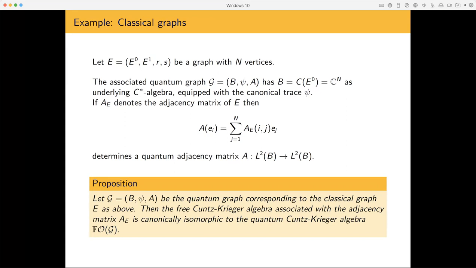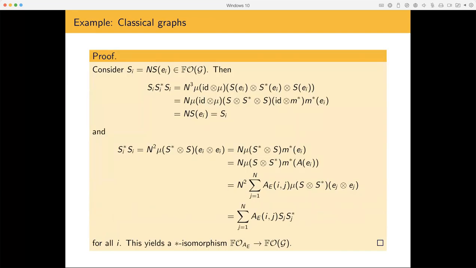So in a sense, these liberated Cuntz-Krieger algebras are a special case of the construction we're looking at, and they are precisely what you get if you look at classical graphs or just 0-1 matrices. The proof of this is not very hard. As I said, you just need to write out the universal properties and then decipher the formulas, and then you'll get that.